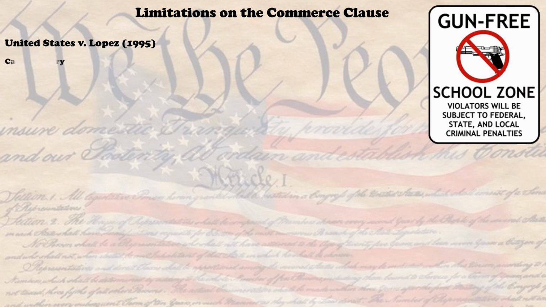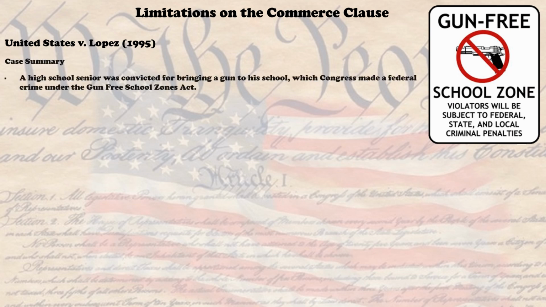Now, in U.S. versus Lopez, a high school senior was convicted for bringing a gun to his school after Congress had made it a federal crime via the Gun-Free School Zone Act. Now, Mr. Lopez took a gun to school, a .30 caliber revolver, for sale.